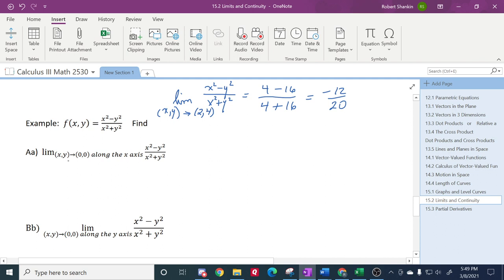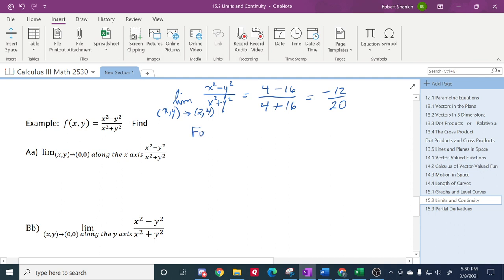But on this one, when you plug in 0, 0, you're going to get 0 on the top and 0 on the bottom. Does anybody remember the name that we used for this case, when we plug it in and you get 0 over 0? L'Hopital's rule? Indeterminate.